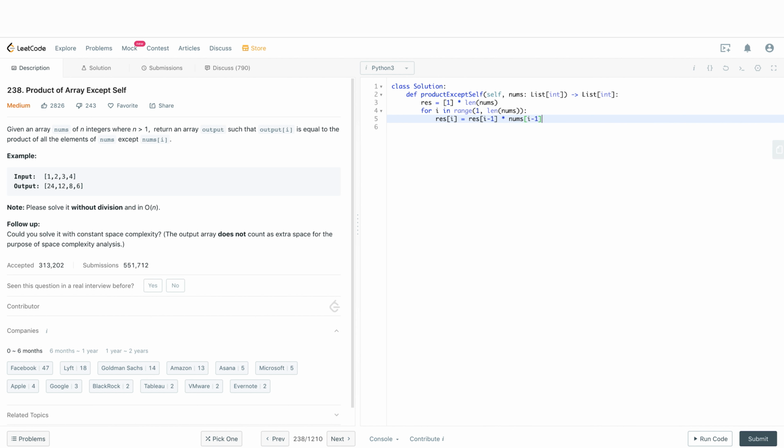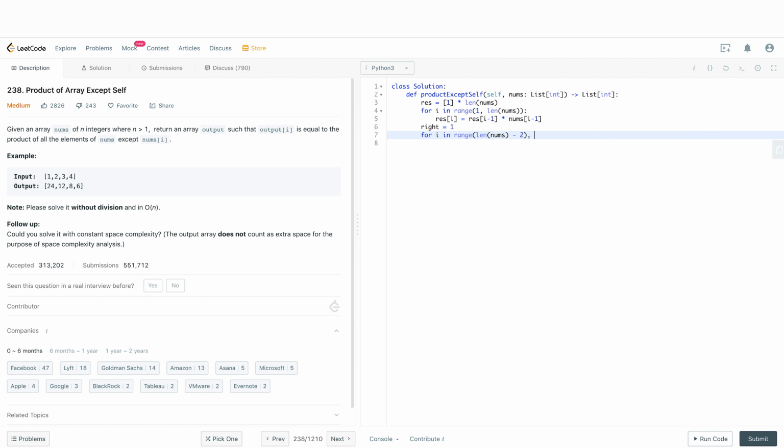Cool. And then, like I said, we're going to have r. r equals 1. I could call it right equals 1 just to make it easier. And then we're going to iterate from the opposite direction. So for i in range, length of nums, usually you do -1 if you want to start from the end, but we're going to do -2, just like how we did it here, because we want to leave one space behind.